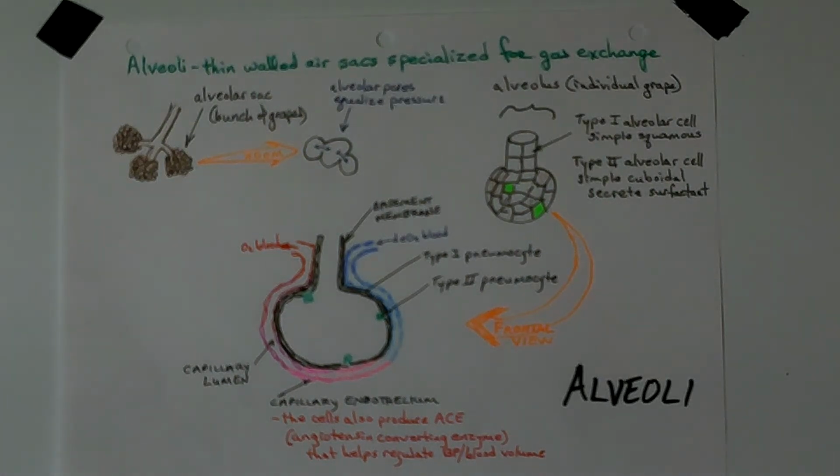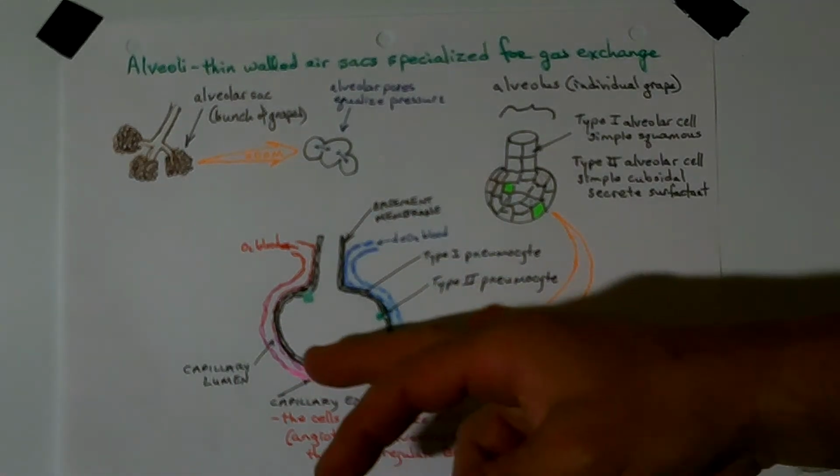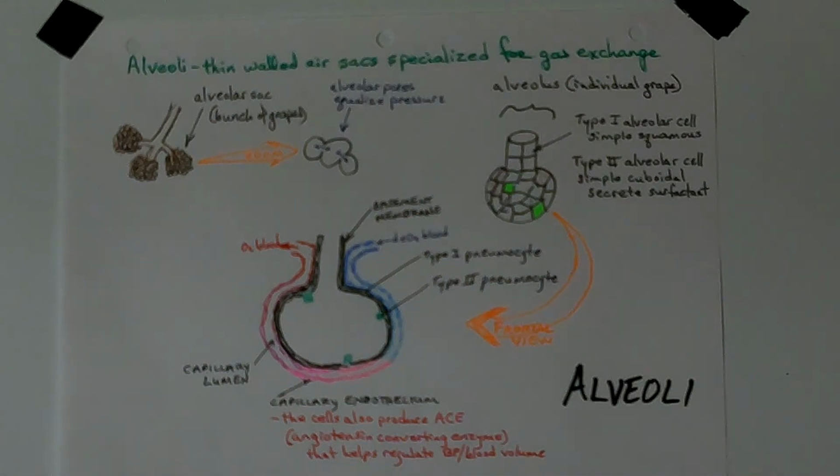Also, just for a future lecture standpoint, I will point out that the endothelium, these cells here of the capillary, are also producing something called ACE, which stands for angiotensin converting enzyme. And this is an important step in a method that we have of controlling our blood volume and blood pressure.